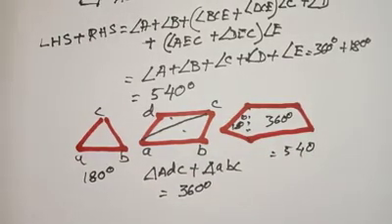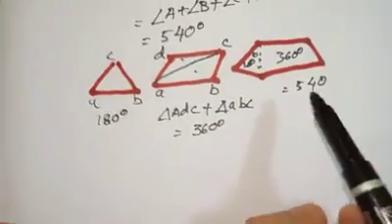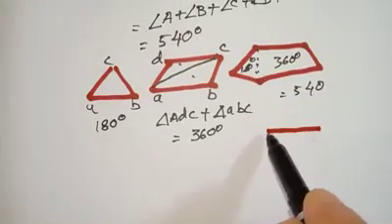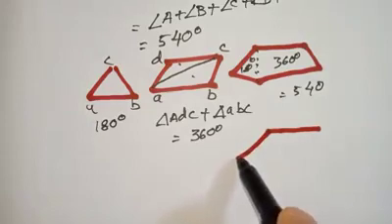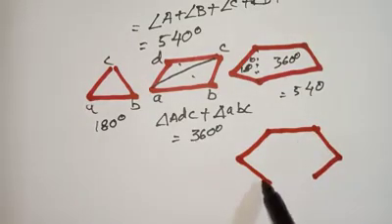Now for example, what I do over here is that I am taking a hexagon. So I draw it: 1 and 2 and 3 and 4 and 5 and 6.